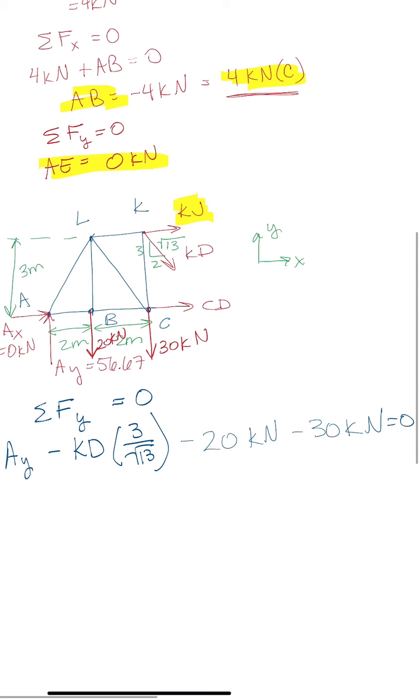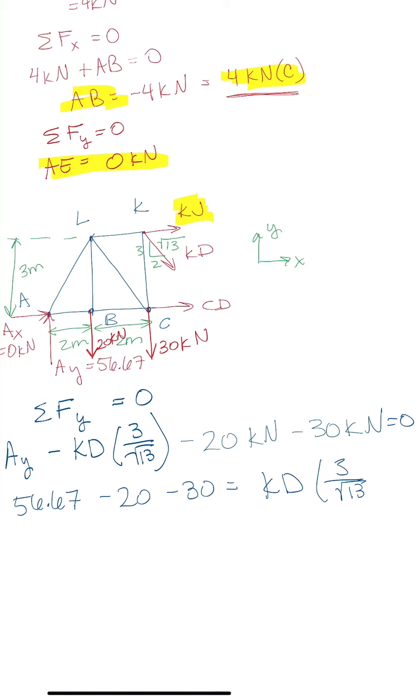And AY was the 56.67. So 56.67 minus 20 minus 30 equals KD times 3 over square root of 13.